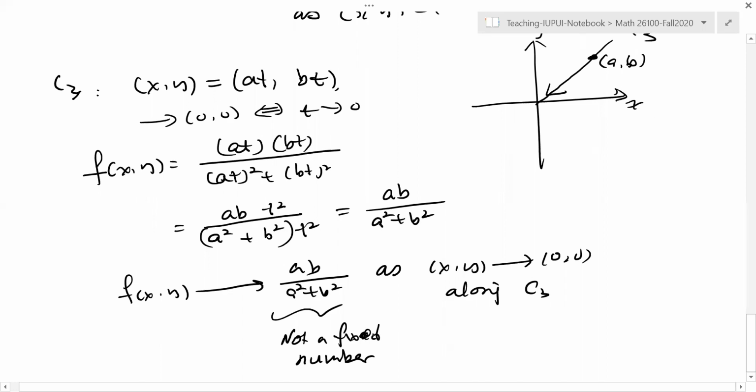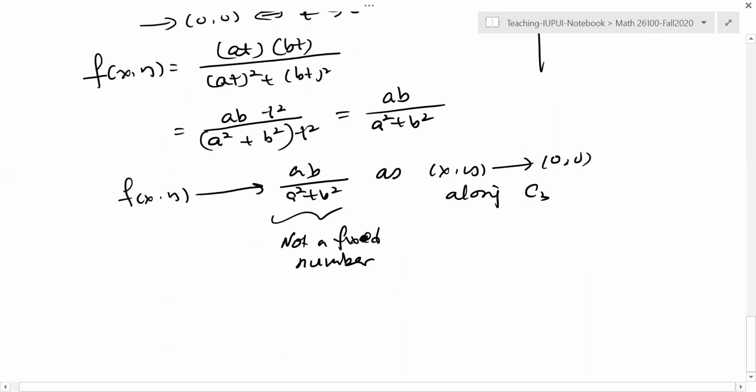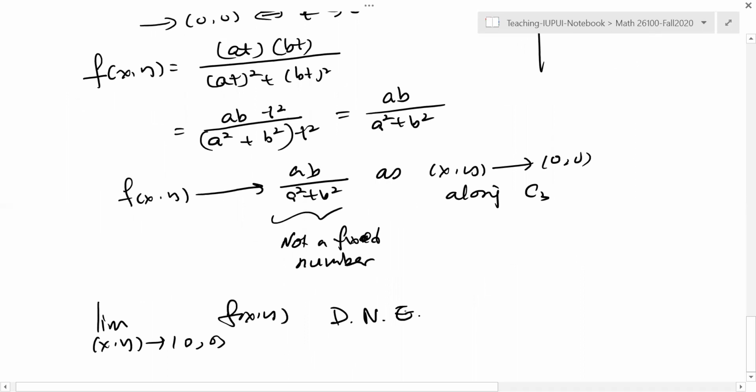So along different lines approaching the origin, the value of the function approaches a number that depends on the direction of the line. It's not a fixed number. Therefore, the limit of this function does not exist, because when a limit exists, you have to show that all paths approach the same number.